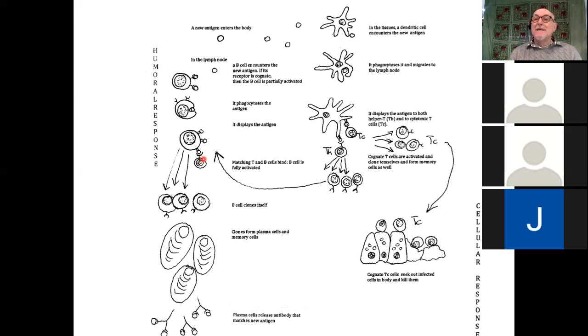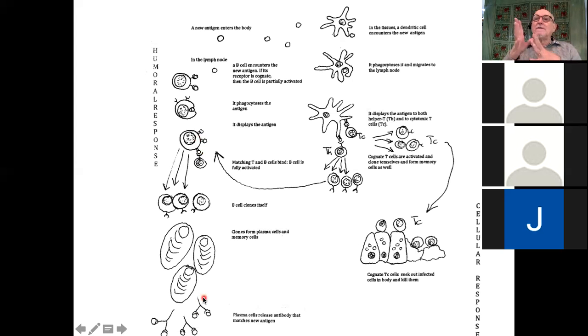Why? Because the B cell only has one specificity. Each B cell only has one specificity, and it will only produce this antibody with this specificity.